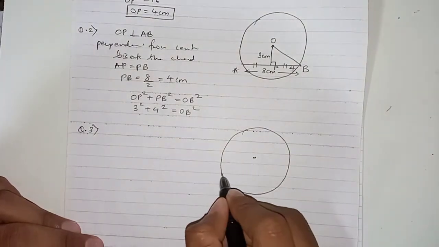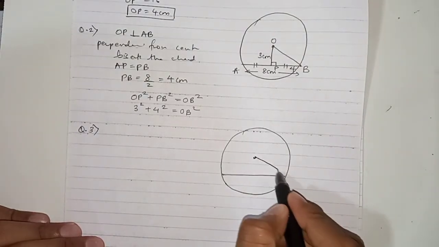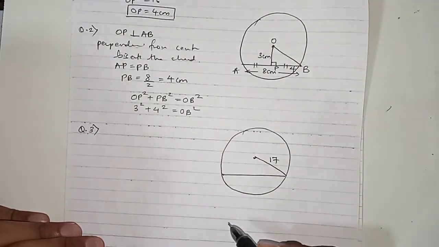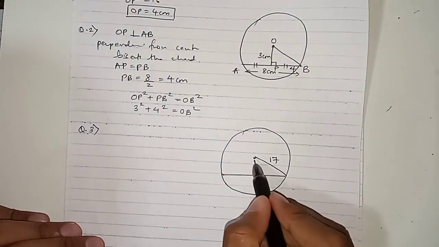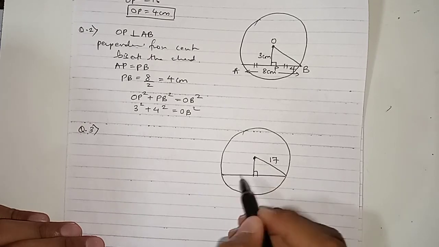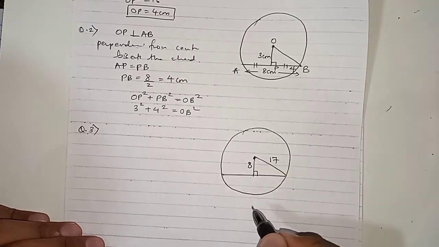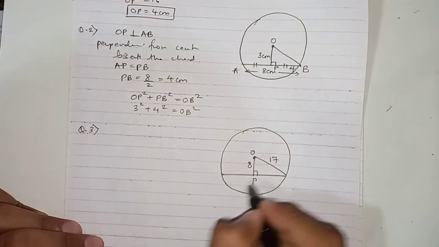There is a center, there is this chord, and they have told that the radius of the circle is 17 centimeter and the perpendicular drawn from center to the chord is 8 centimeter. Calculate the length of the chord. तो chord का length find करना है.